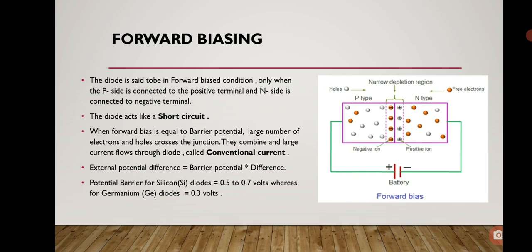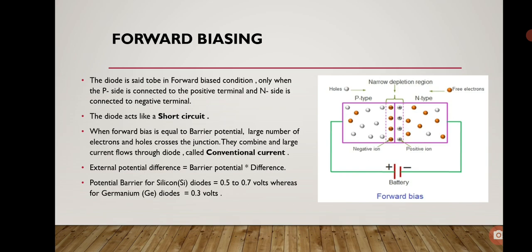We can calculate the external potential difference as given in this formula. Basically we should know the potential barrier for silicon and germanium diodes. For silicon it is around 0.5 to 0.7 volts, and for germanium it is around 0.3 volts.